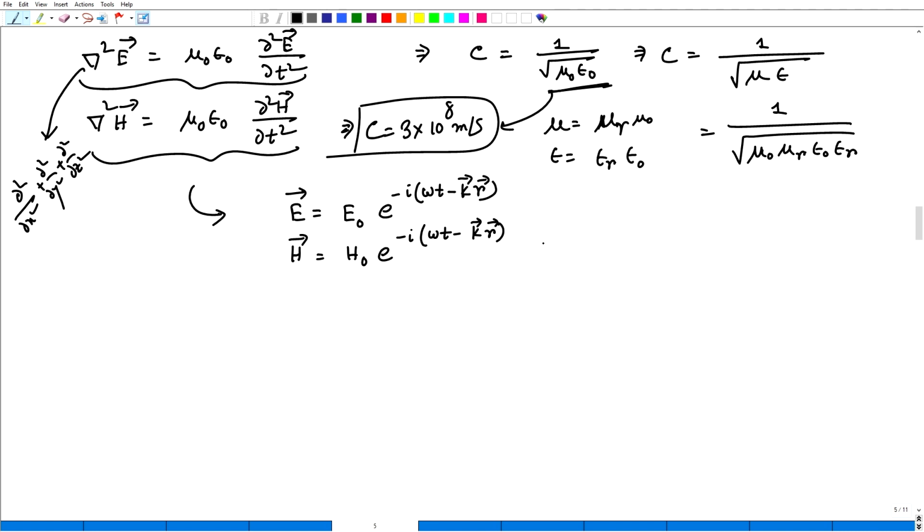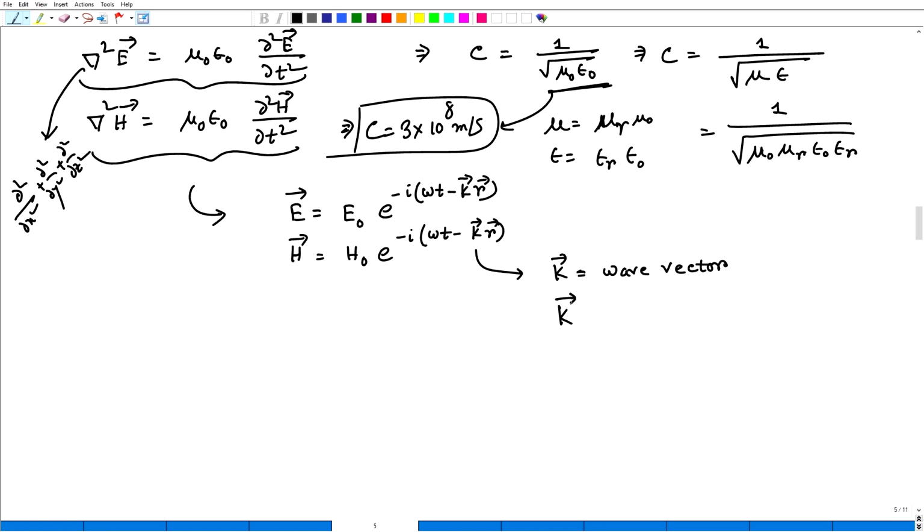What is k here? k is the wave vector. We know that for any wave, any mechanical wave, the wave vector is a very crucial, characteristic thing of that wave.